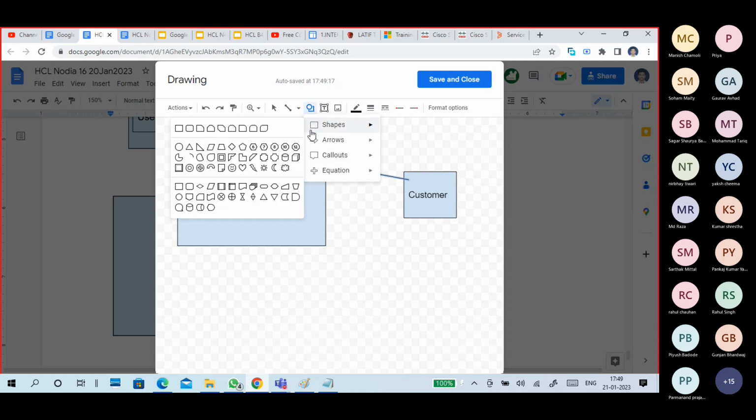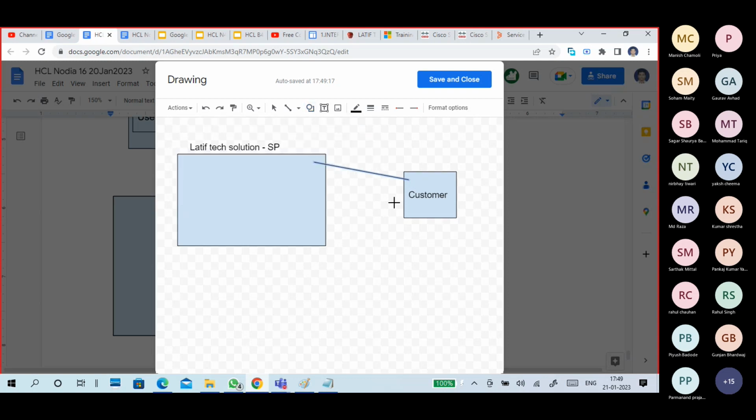Now, when any issue occurs, what will the customer do? Try to approach your service desk for support. Please try to reach your service desk.